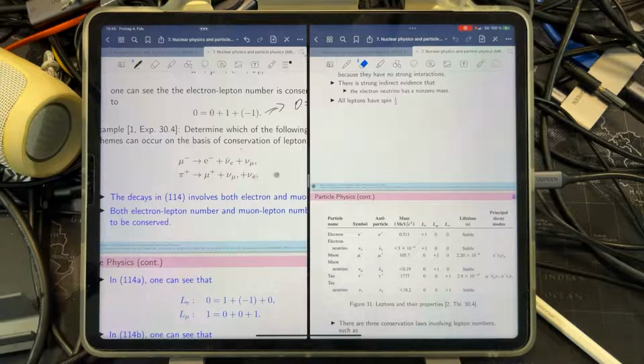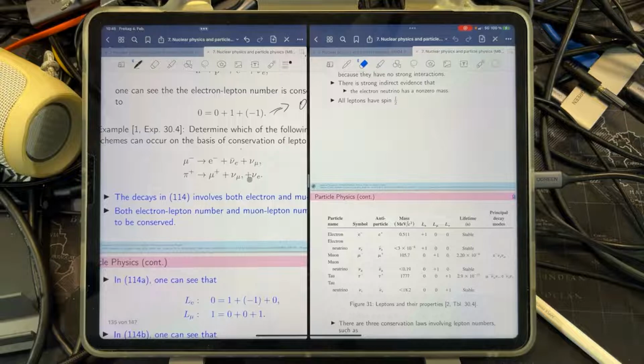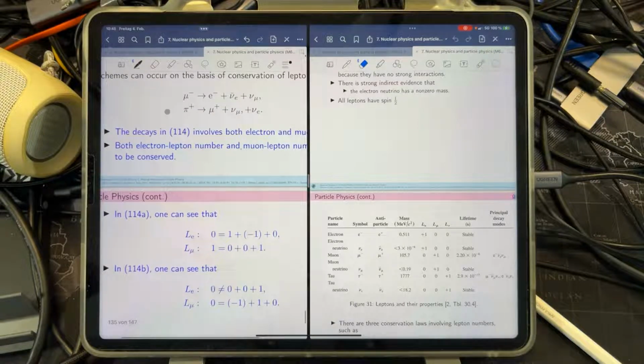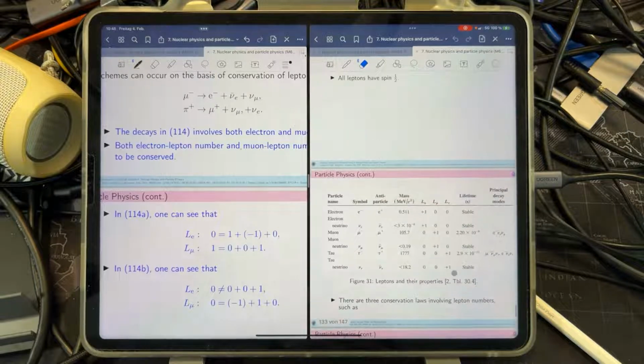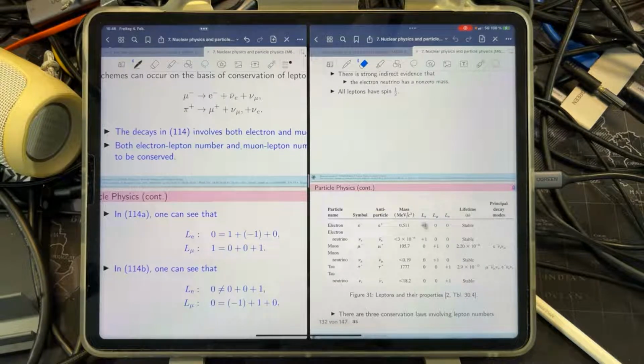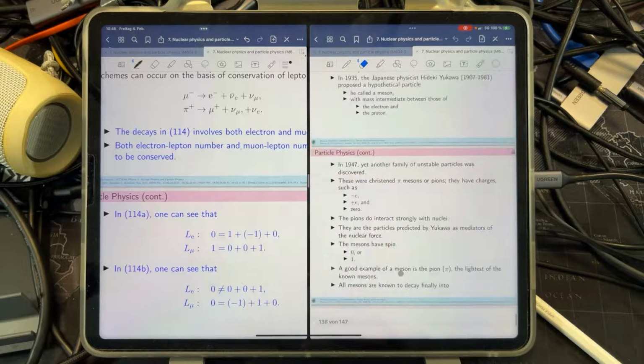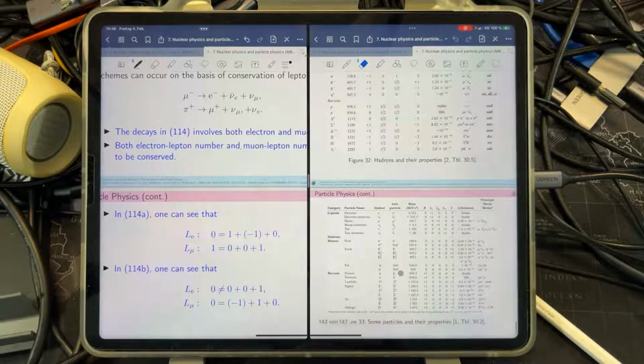Let's move to the second reaction or second decay. Pion plus decays into anti-muon, muon neutrino and electron neutrino. Right. Now pion is not listed in this table, in this figure, but we could easily see pion has 0 electron lepton number. If you don't believe me, you just go to the end of this chapter.